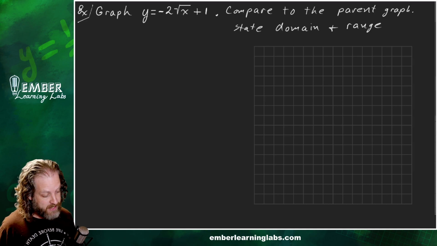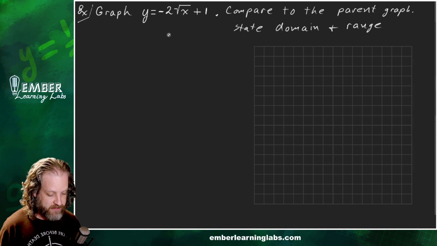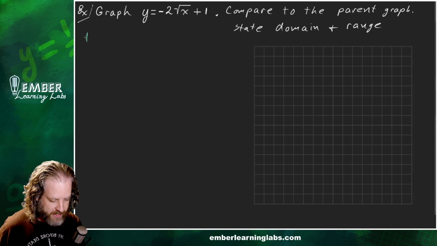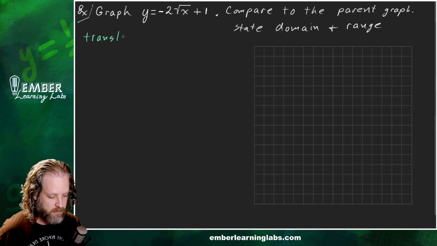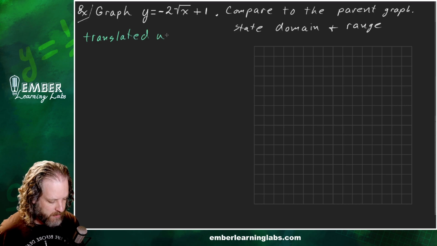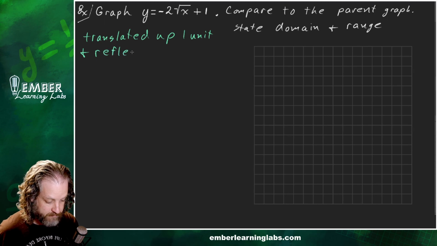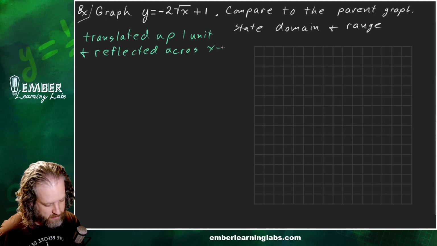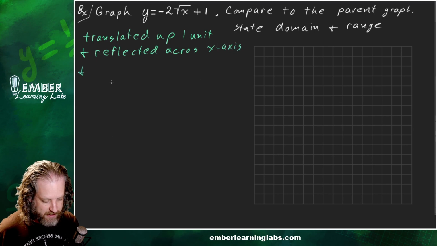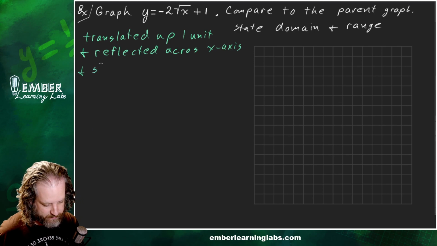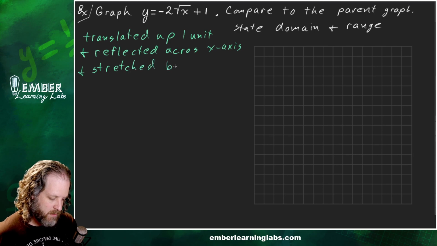All right, now this one's got more things happening. So what all is going on here, right? So it is translated up 1 unit and reflected across x-axis and stretched by 2.